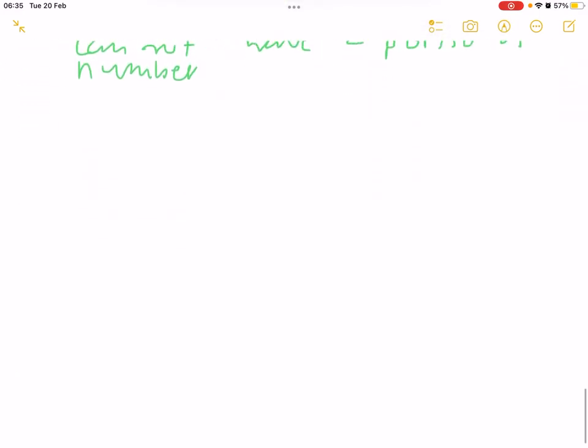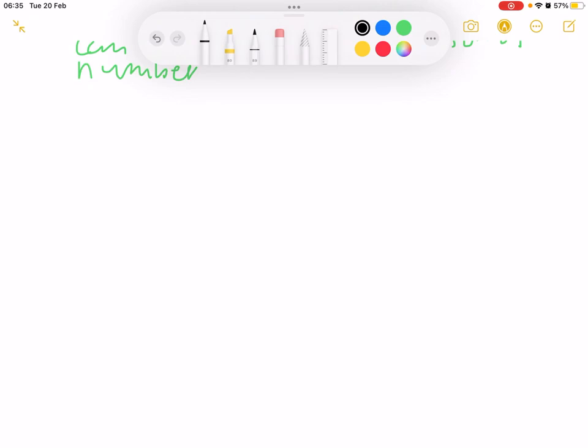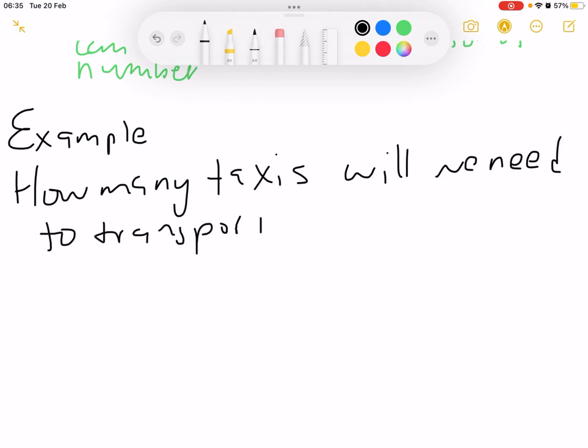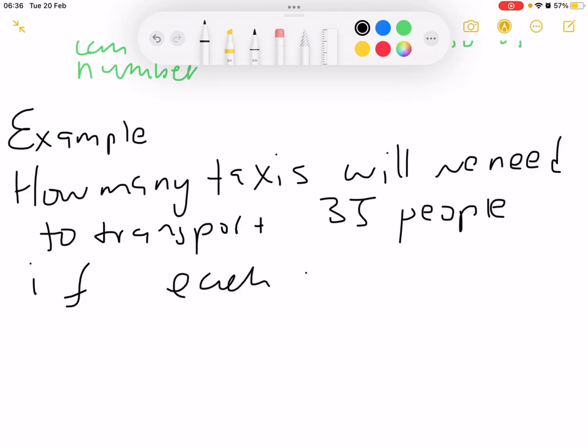Practical example. Is how many taxis will we need to transport 35 people if each taxi carries 15 passengers?